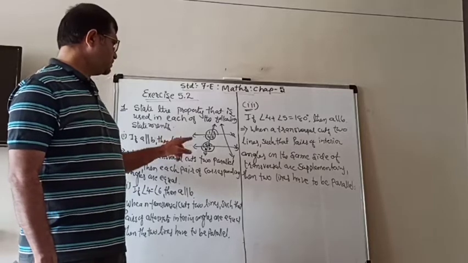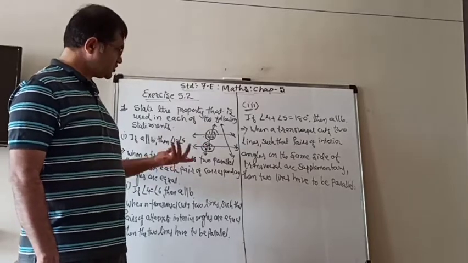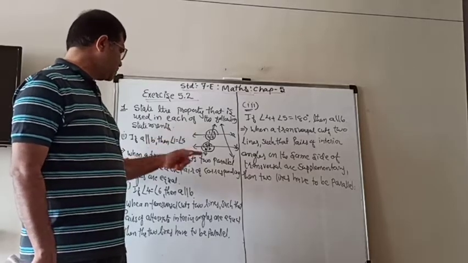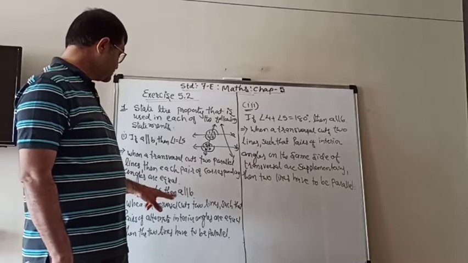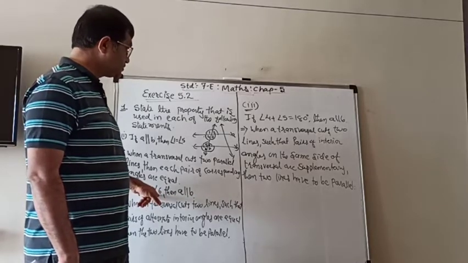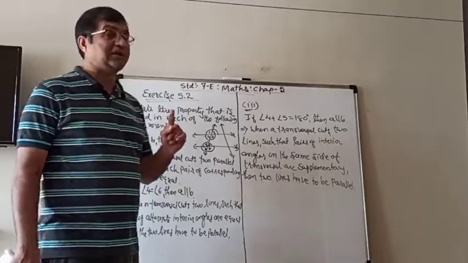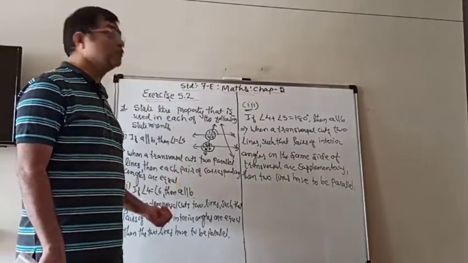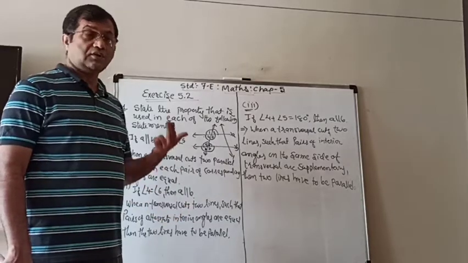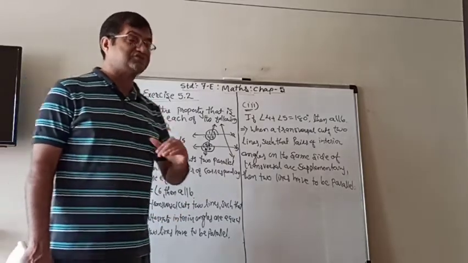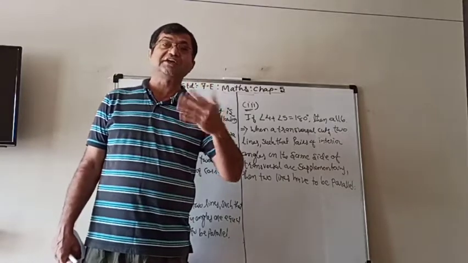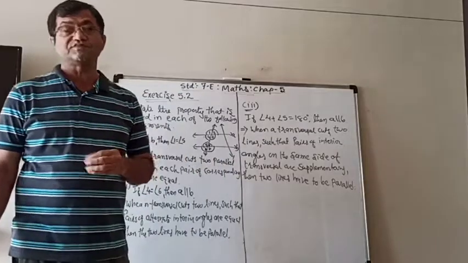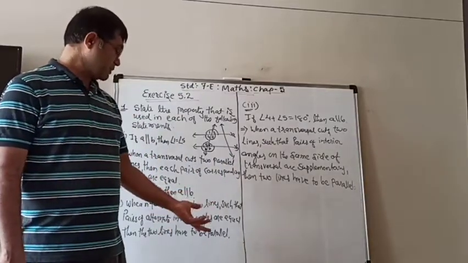So here we saw that angles 1 and 5 are corresponding angles, and if the lines are parallel, corresponding angles are equal. In the second, which angles are given? Alternate interior angles. So alternate interior angles were given equal. So we learned today that when the transversal cuts two lines such that a pair of alternate interior angles are equal, then the lines have to be parallel.